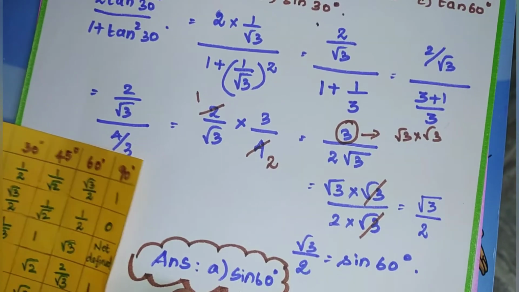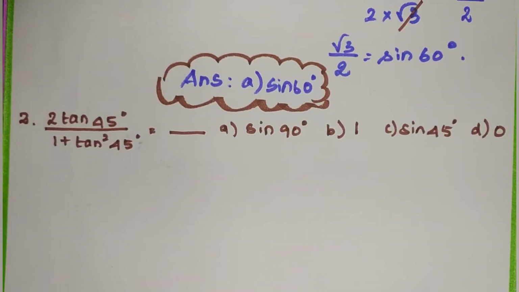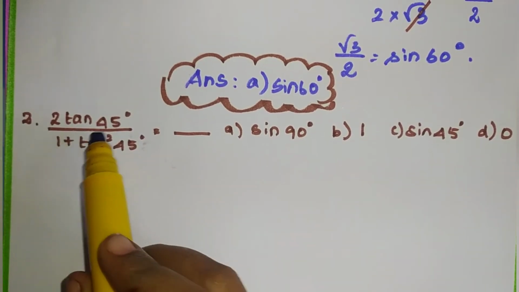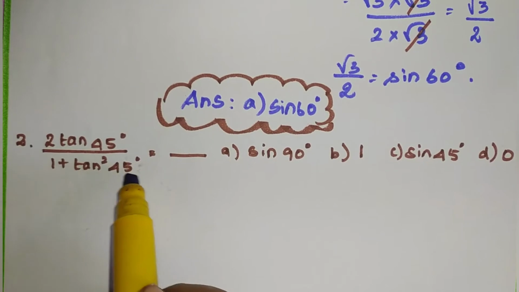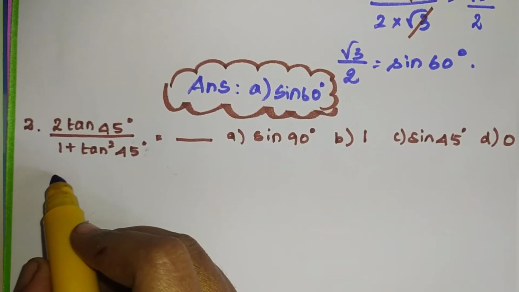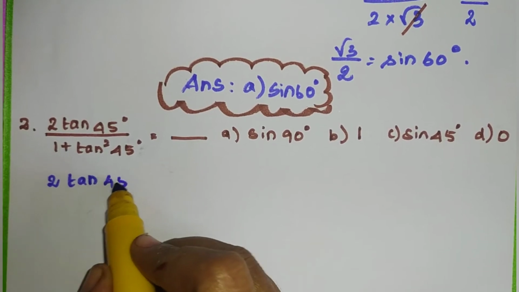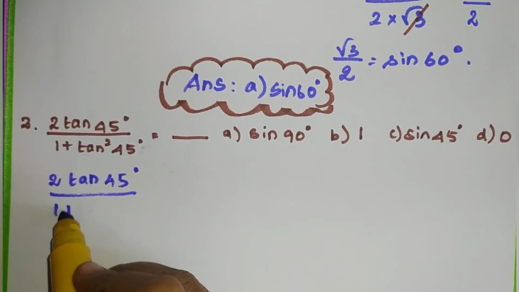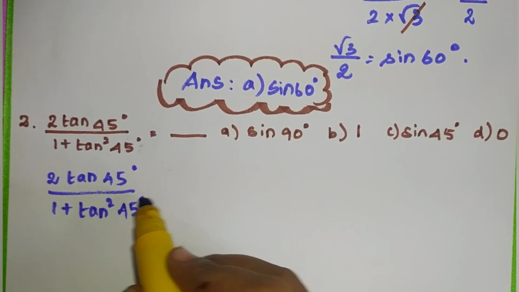Now see the second subdivision problem. 2 tan 45 degree divided by 1 plus tan square 45 degree. First write the question. 2 tan 45 degree divided by 1 plus tan square 45 degree.